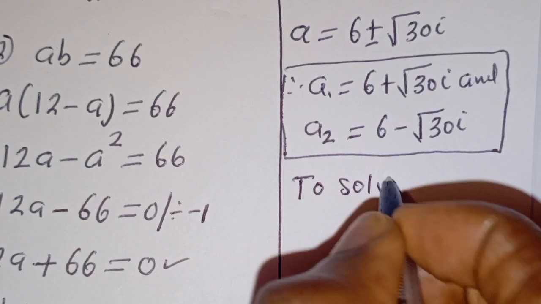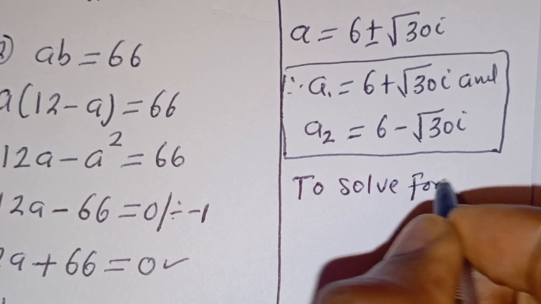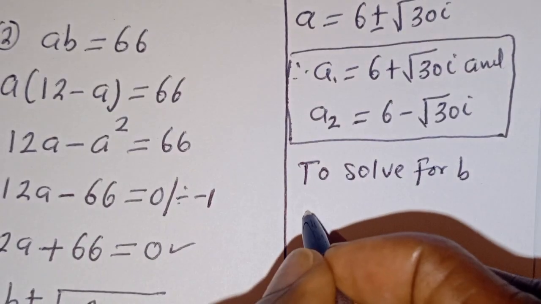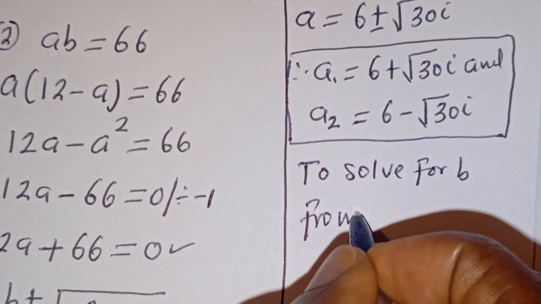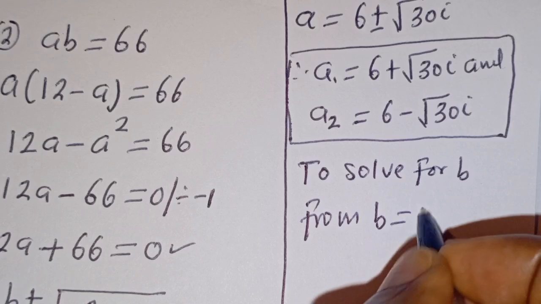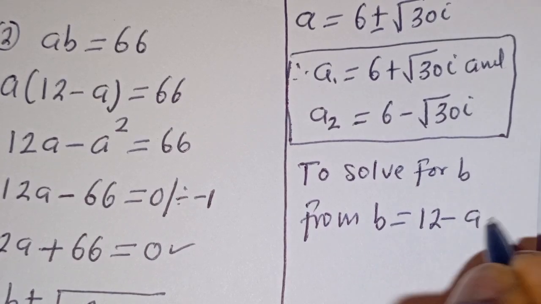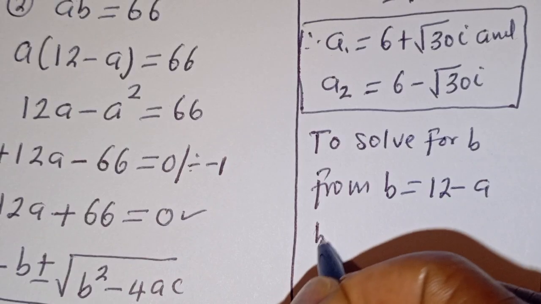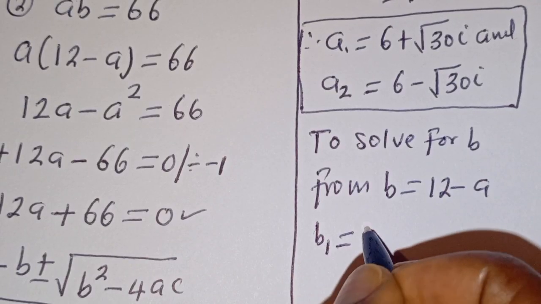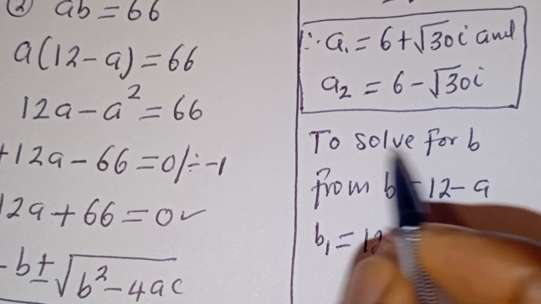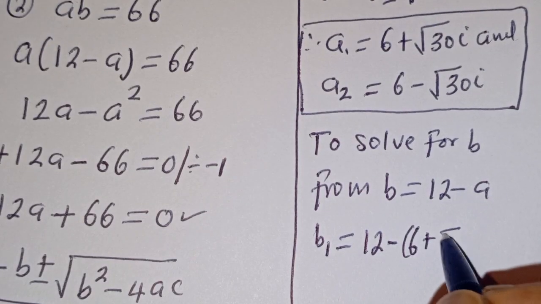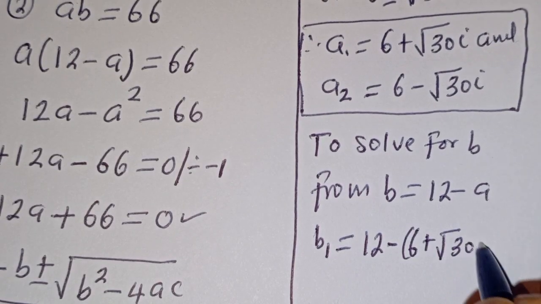To solve for b, from b equal to 12 minus a, b1 is equal to 12 minus a1, which is 6 plus square root of 30i.